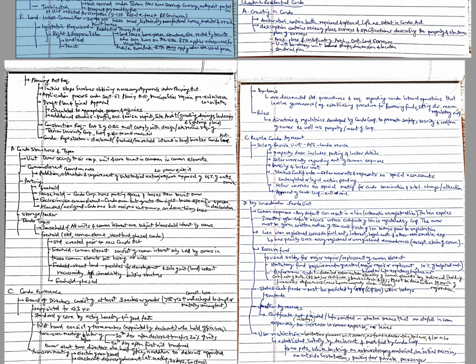The lien, when registered, covers the default amount, interest, legal costs, and other reasonable expenses, and it has priority over every registered or unregistered encumbrance except claims of the crown, or claims for taxes, charges, rates, or assessments under various provincial statutes or a lien that is prescribed.